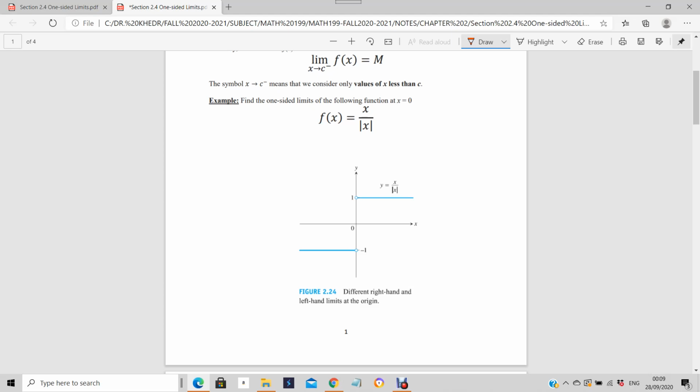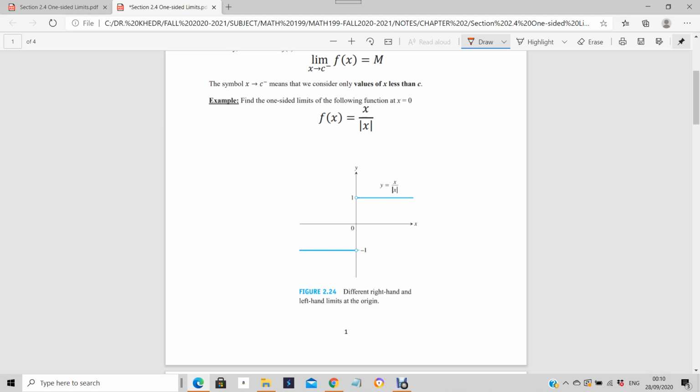The graph of this function is drawn here, where if x is greater than 0, this blue colored horizontal line is for the function, and if x is less than 0, for the negative values, the graph of the function is following this line, the blue colored one.